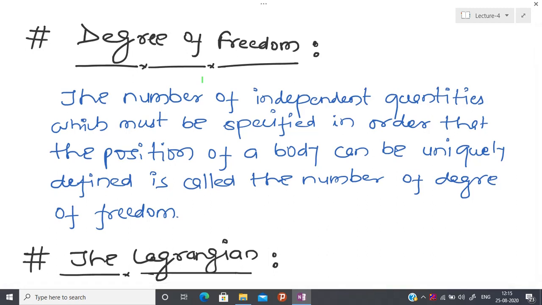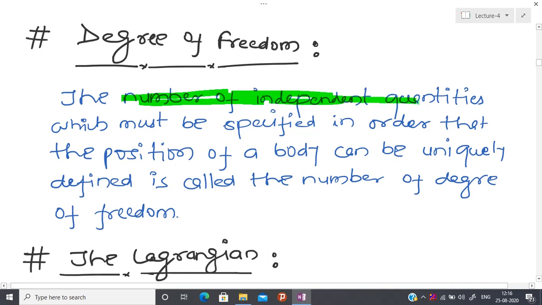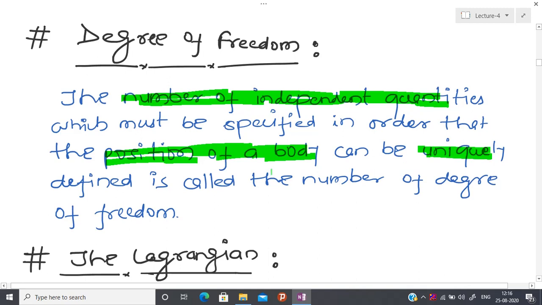So I have to identify the independent quantities. Whatever number of independent quantities must be specified so that the position of a body can be uniquely defined, that is very, very important.